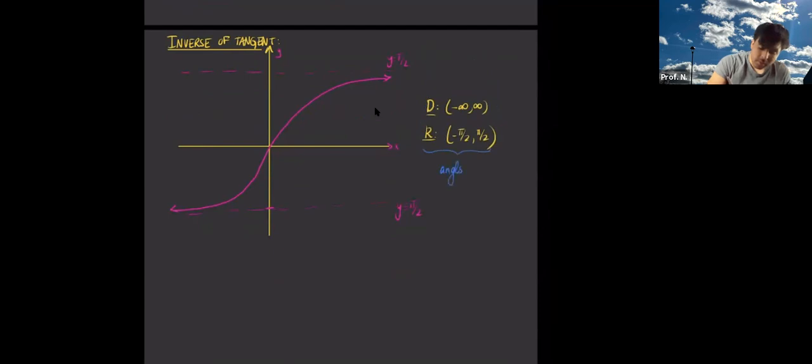This represents angles in quadrant 1 and quadrant 4. And what's my notation? My notation is y equals tan inverse of x, or y equals arc tangent of x.